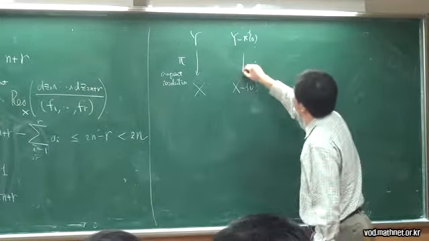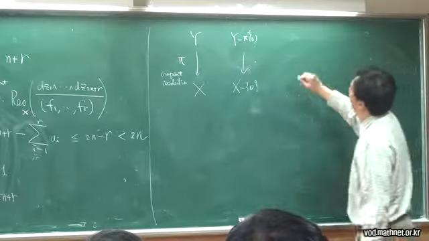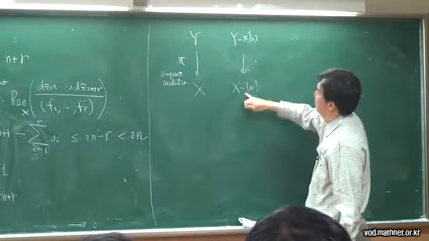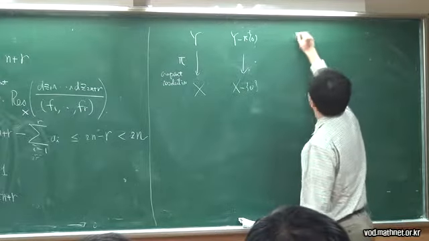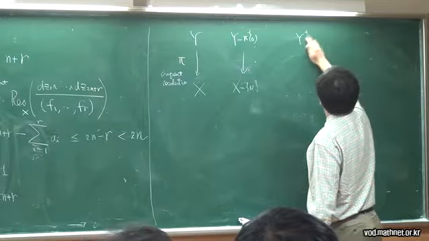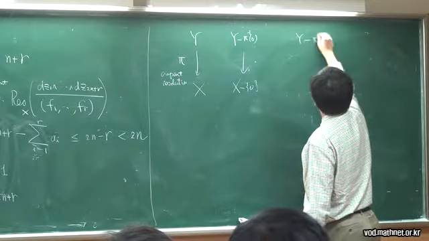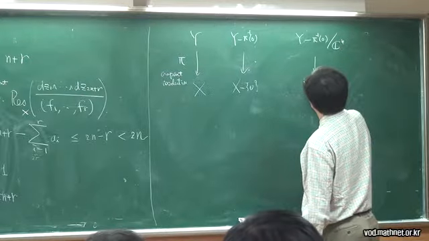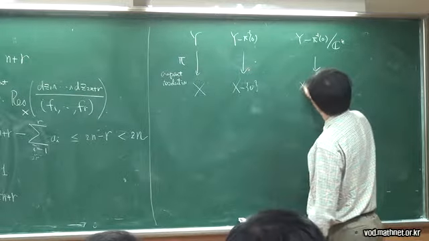One can take the quotient of these by the C-star action, minus the zero point.